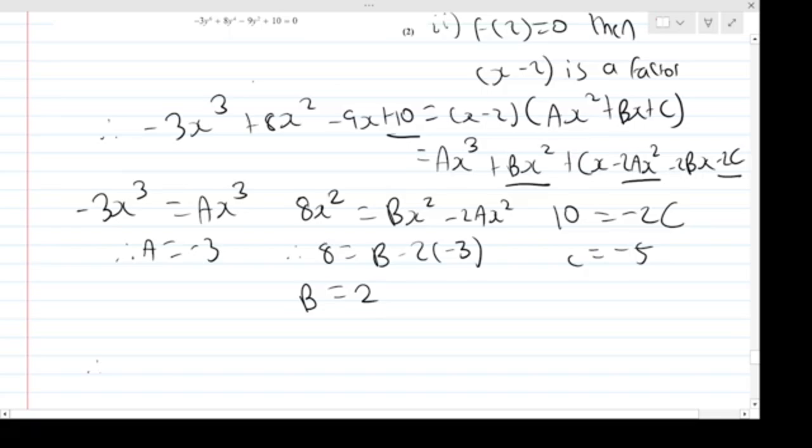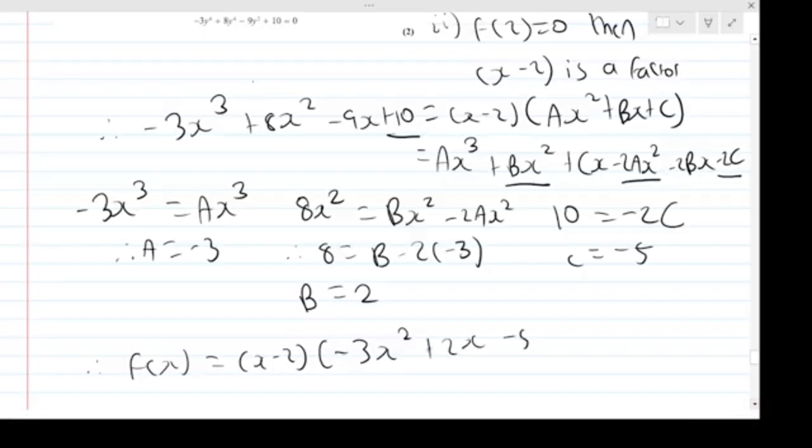Therefore, there you can write f of x, which again is our cubic, as x minus 2, the factors on the right here, x minus 2, and then a would be minus 3x squared, b is 2, so plus 2x, and c is minus 5.